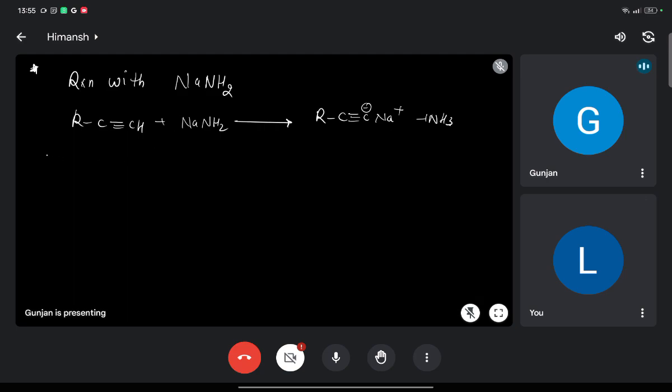Next is the test for terminal alkynes. The first test is with Tollens reagent.